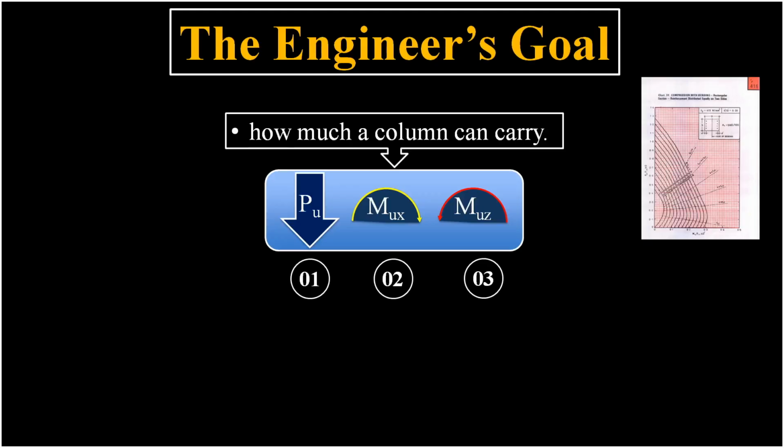Any combination of PU and moments that falls inside this map is safe. Any combination that falls inside this map and close to this boundary is safe and economical. Any combination that falls outside represents failure, and is not acceptable.